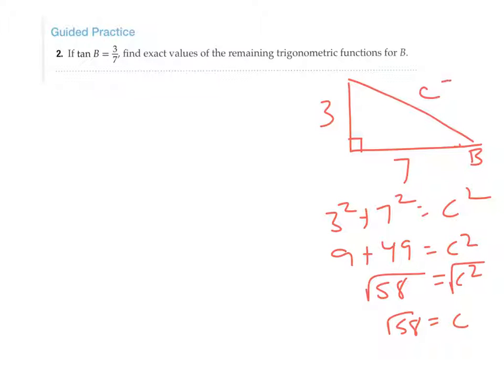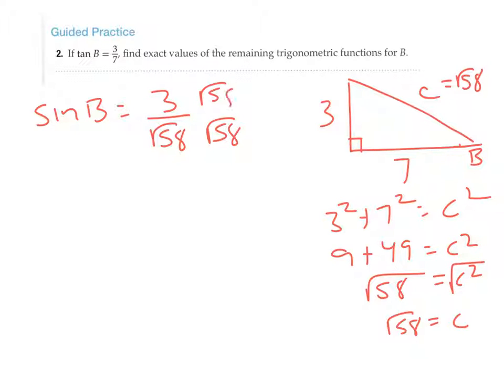Now I have this value of square root of 58. So I can now go through and find sine of B. Sine of B is opposite, so it's 3 over radical 58. Once again, we have a radical in the denominator, so we have to multiply by it. Radical 58 multiplied gives us 3 radical 58 over 58. So there's my value of sine.